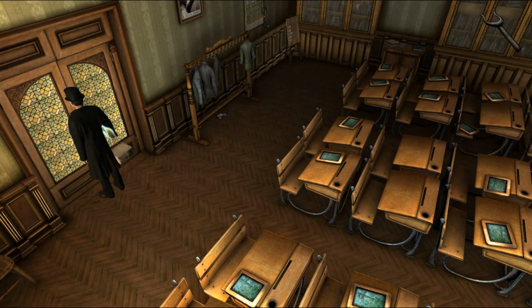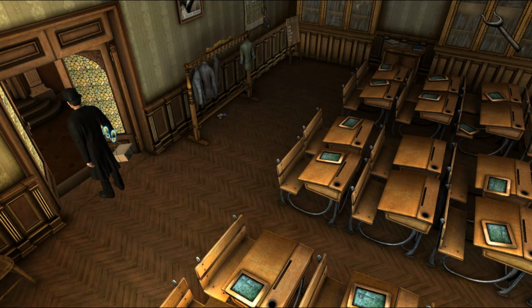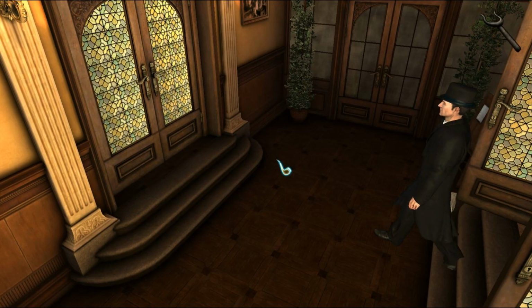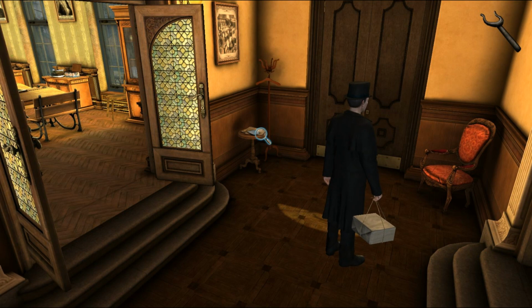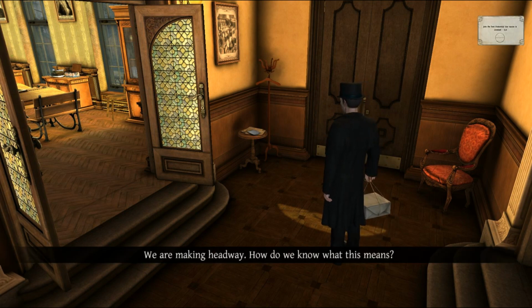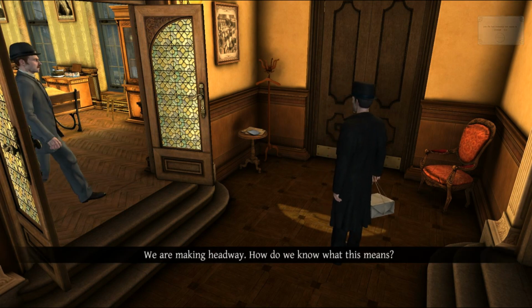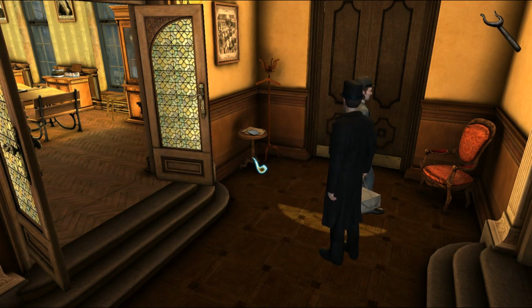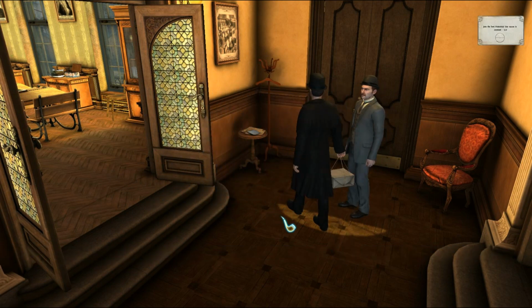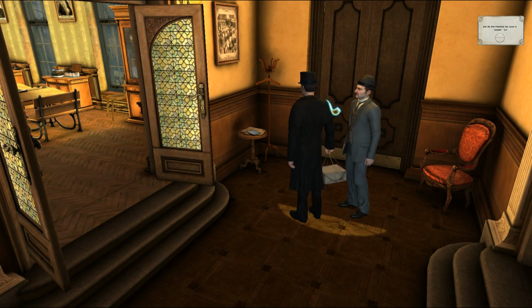Into the main area. Yep. Please take note, Watson. We are making headway. How do we know what this means? What means? Can I look at it?